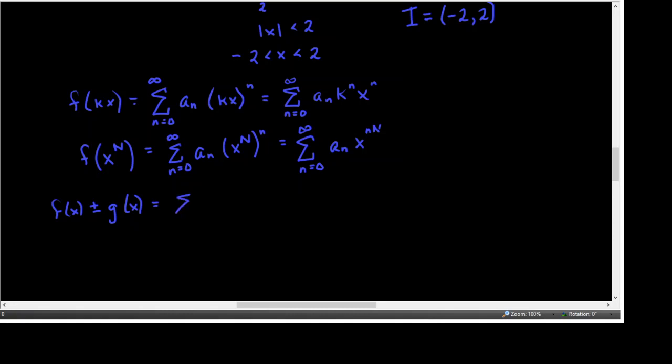Is, by substitution, a sub n x to the nth plus, and then g of x is a similar looking thing, but the coefficient is ruled by the letter b, so b sub n x to the nth. And you can combine those two sigmas that are added or subtracted into one sigma.